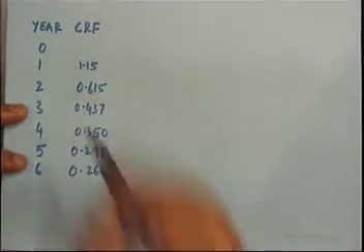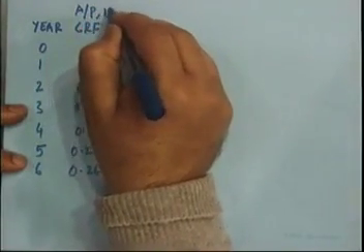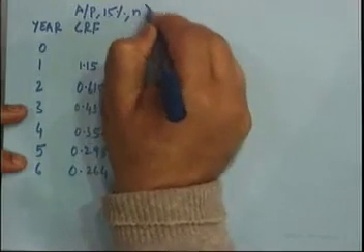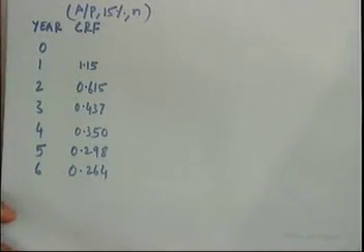This CRF is nothing but A given P at an interest rate of 15% and period N. So, if N is 1, it is equal to 1.15, if N is 2, it is 0.615, if N is 3, it is 0.437, if N is 4, it is 0.350 and so on.